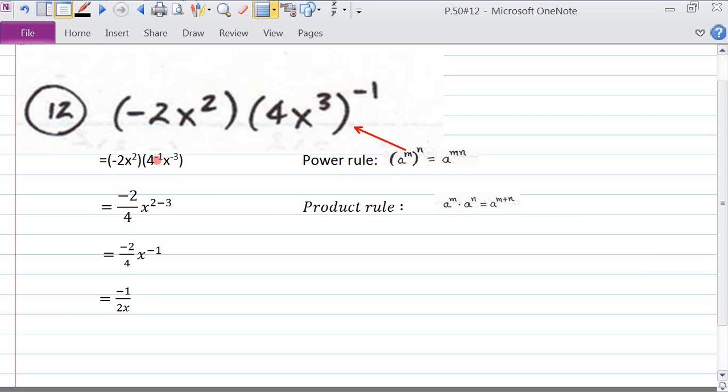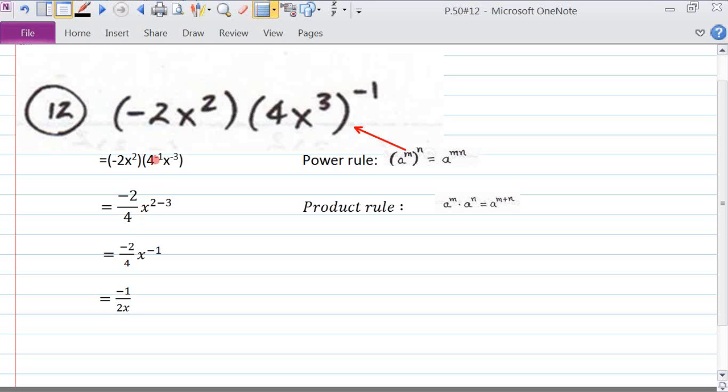So we're going to move this from the numerator to the denominator in order to make the 4 have a positive exponent. Here we have a negative exponent, so 4 to the minus 1 in the numerator becomes 4 to the plus 1, and we don't put the 1 there.